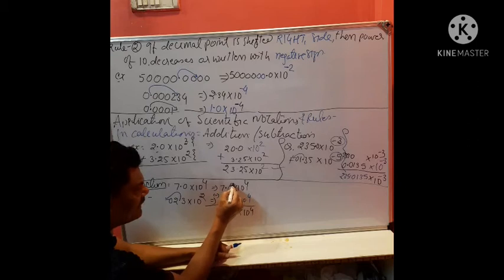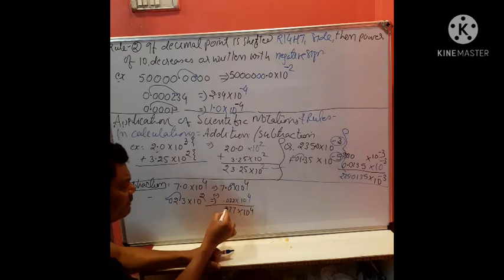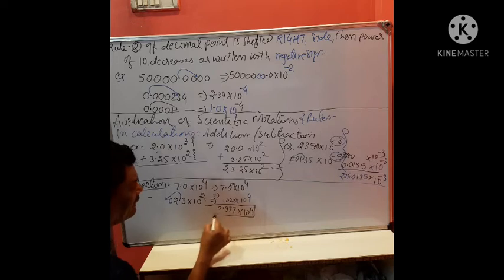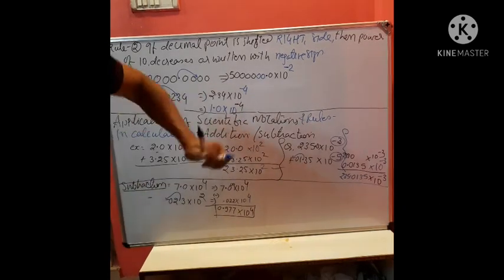So you can write here 7.000 minus 0.023, which is 6.977 into 10 to power 4. So this will be the answer, isn't it? So there is a great importance of scientific notation.